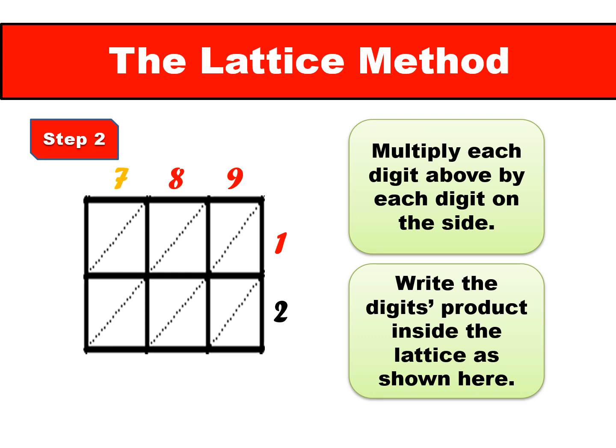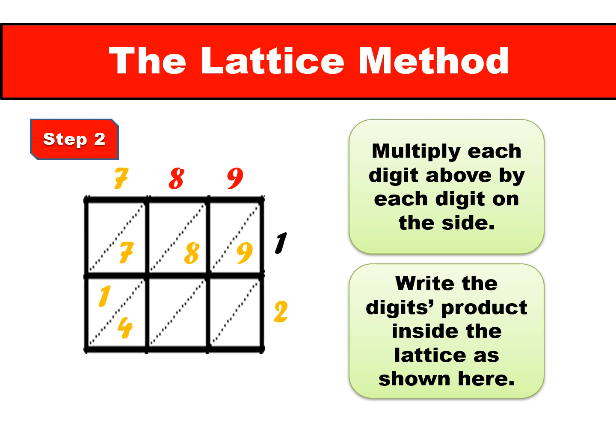7 multiplied by 1 is 7. We will write 7 below the diagonal since it is a one-digit number. 8 multiplied by 1 is 8. 9 multiplied by 1 is 9. 7 multiplied by 2 is 14.